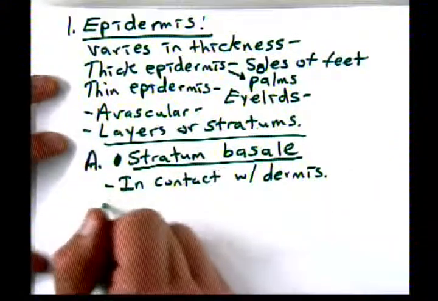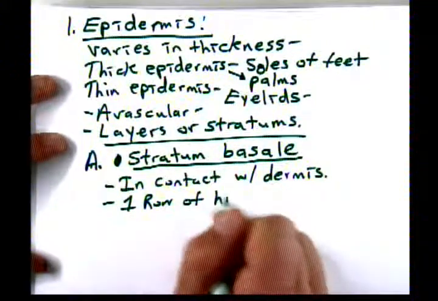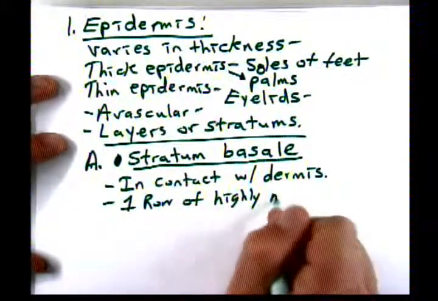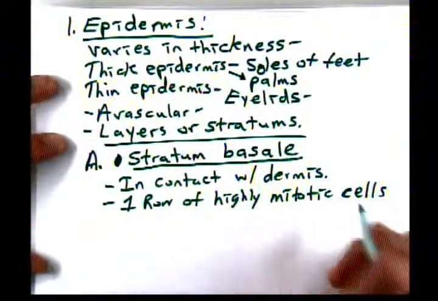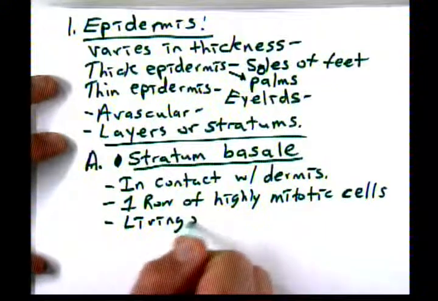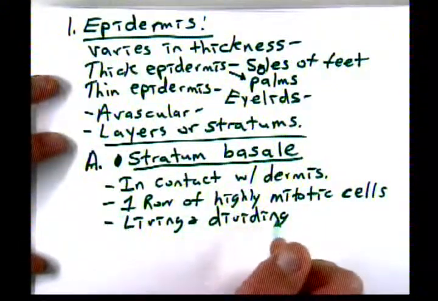And it's one row of highly mitotic cells. Now, I'm going to go back to Josh here. Josh, do you know what mitosis means? Cell division. Exactly, cell division. So this layer is living and dividing. It's a living and dividing layer.